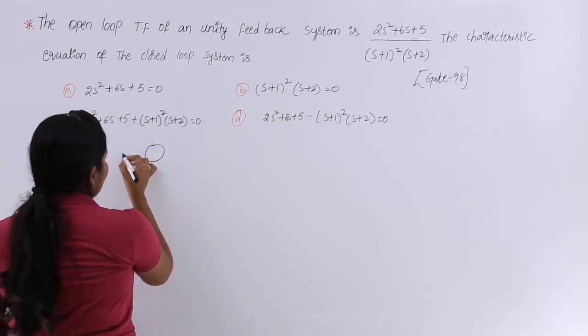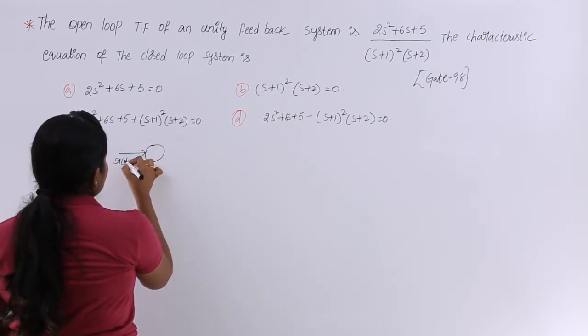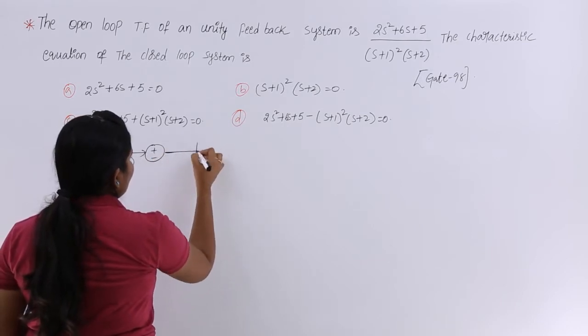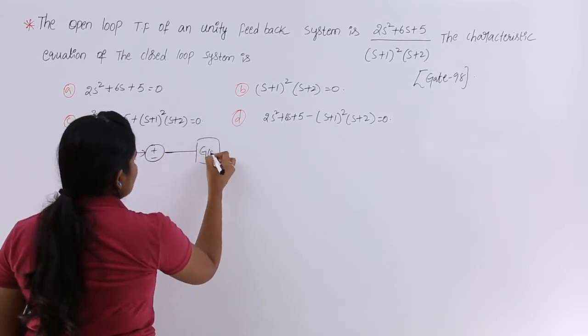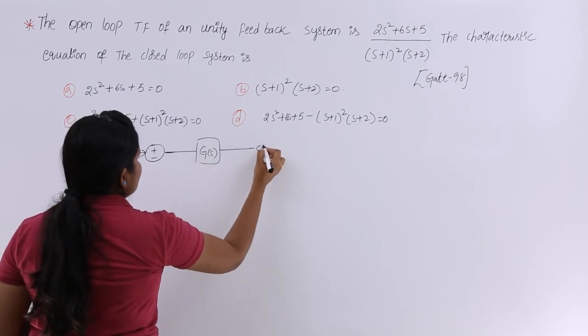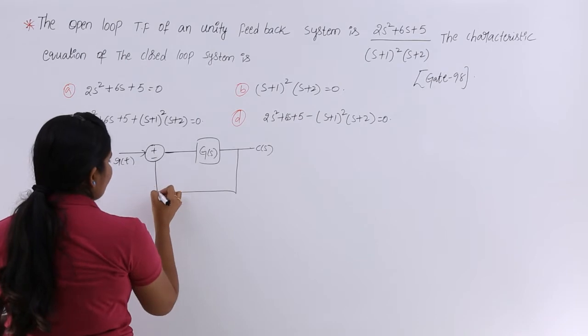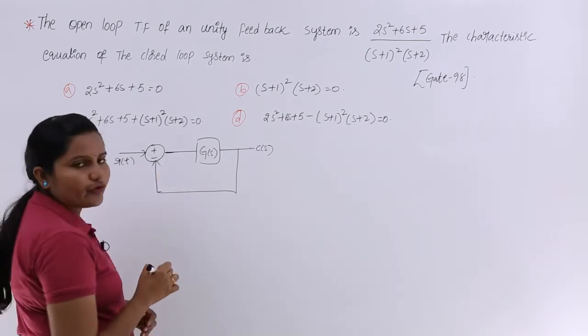So, if you have any control system with open loop gain, here the open loop gain is G of S, and this is C of S. If they didn't mention any positive or negative feedback, obviously you need to go for negative feedback.